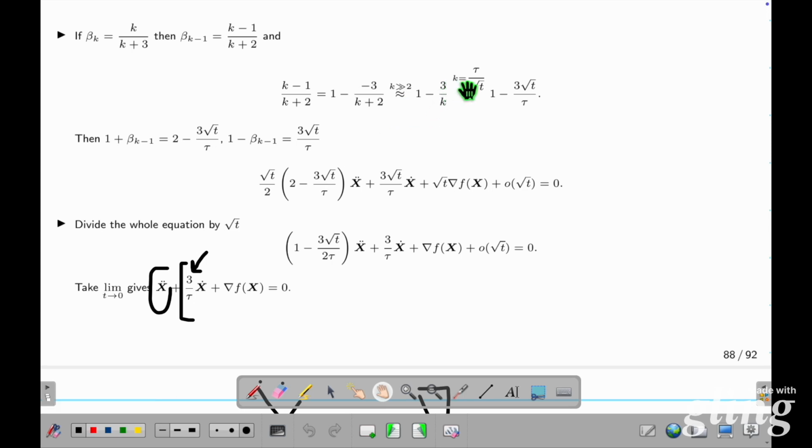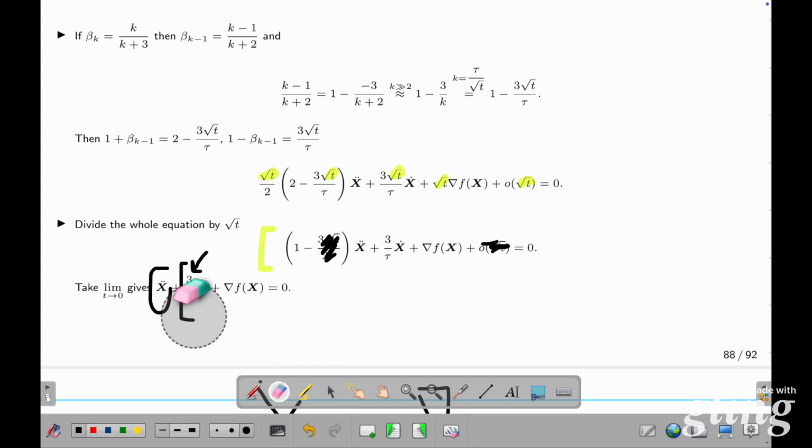Since k and tau are divided like this, I can replace this by this tau. Now you see why there's a magic 3 here. This whole expression is this thing plus 1. There's a 2 minus this thing, and there's a minus term, so I have this. Therefore, all the beta terms are replaced by this kind of funny thing with a square root t.